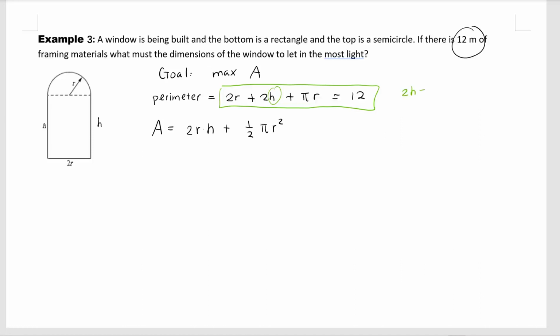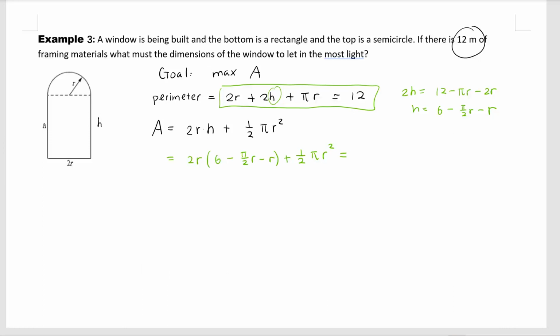Well, 2h is, we move the pi r and 2r to the other side, 12 minus pi r minus 2r. So h, divided by 2, is 6 minus pi over 2 r minus r. That's h, so plug in here.